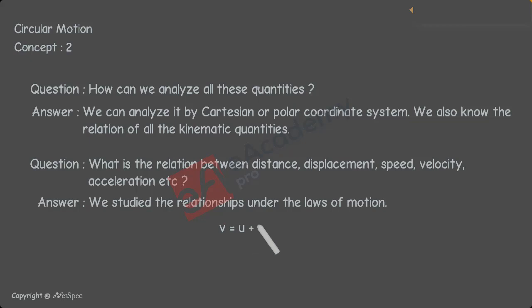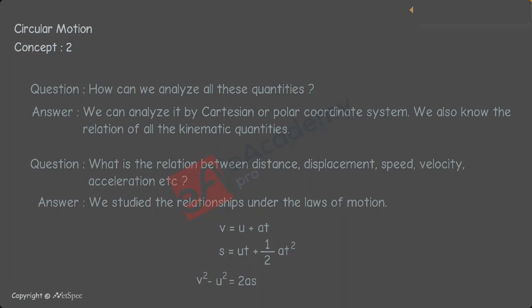V = U + AT. S = UT + 1/2 AT². V² - U² = 2AS, etc. We know the linear kinematic quantities and their relation.